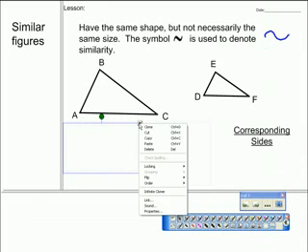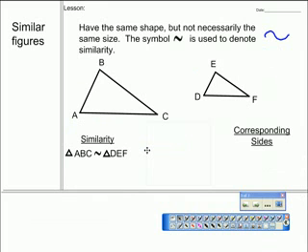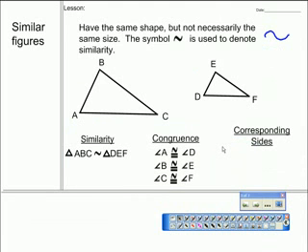So when I look at these two triangles, I have that triangle ABC is similar to triangle DEF. Because I am given that, I can say the corresponding angles are congruent. Now, in order to have triangle similarity, you have to have one of two things.